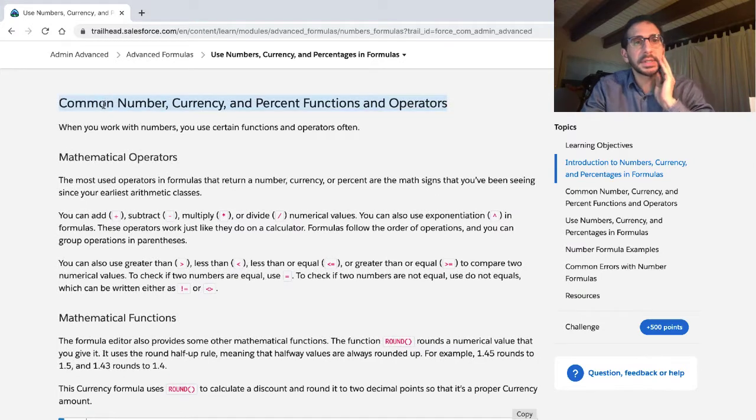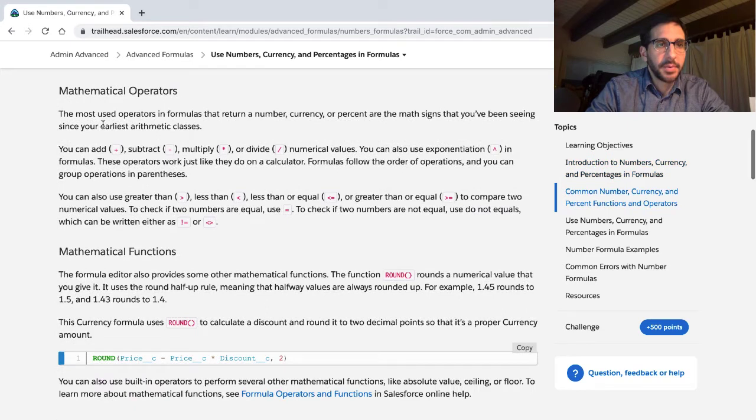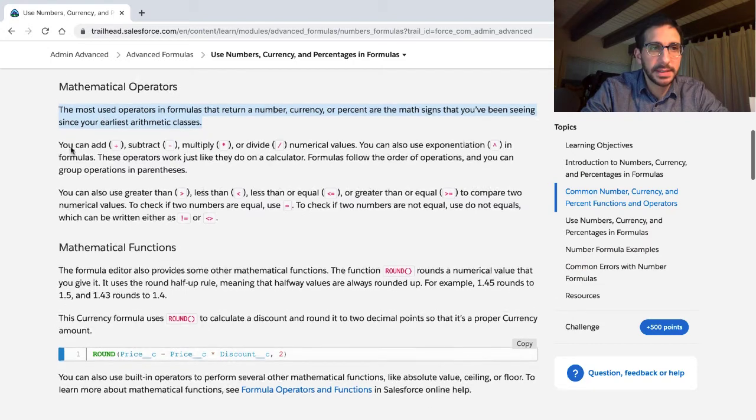Common number, currency, and percent functions and operators. When you work with numbers, you use certain functions and operators often. Mathematical operators: the most used operators in formulas that return a number, currency, or percent are the math signs that you've been seeing since your earliest arithmetic classes.